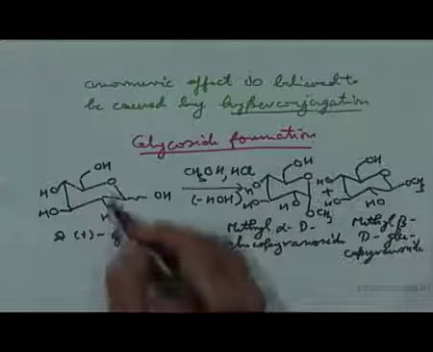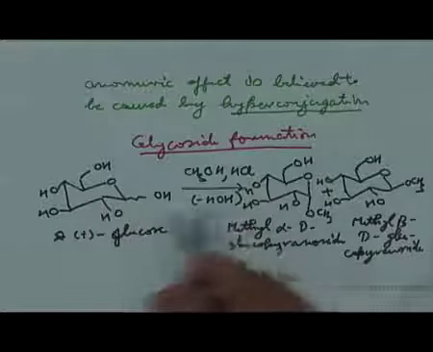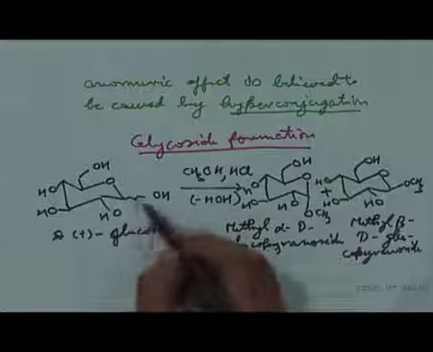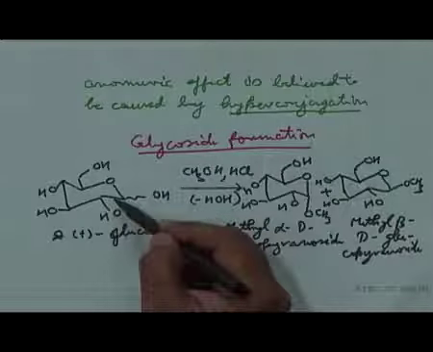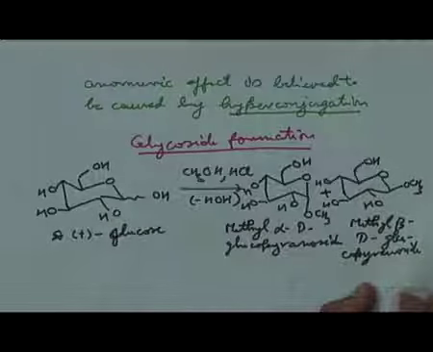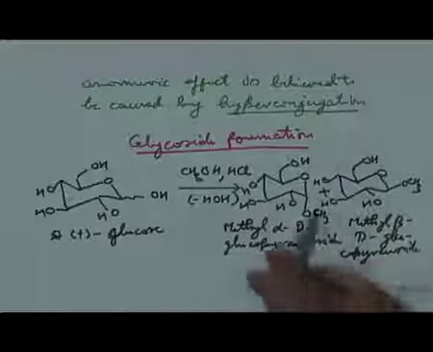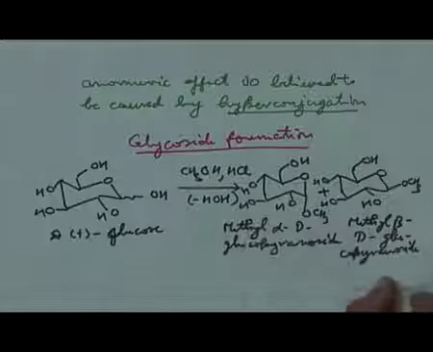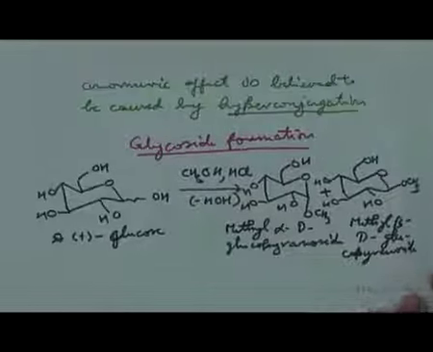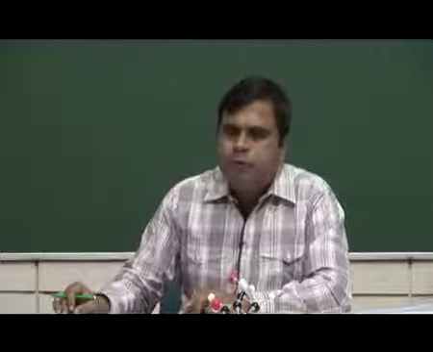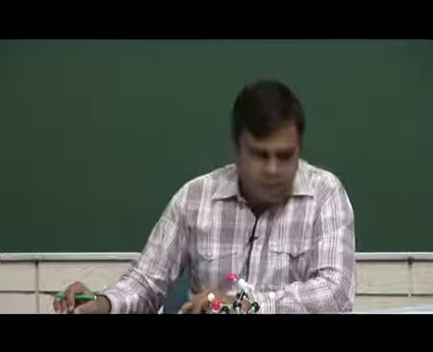Since this is sp2 hybridized, it has two possibilities: it can attack from either this side or the opposite side, and hence it leads to these two glucopyranosides, alpha D or beta D-glucopyranoside.